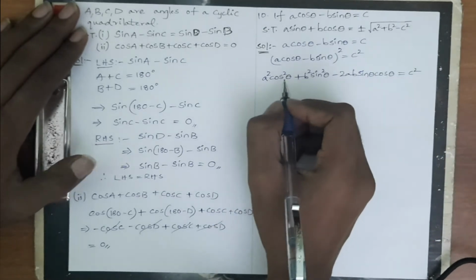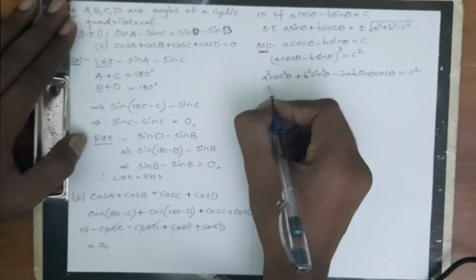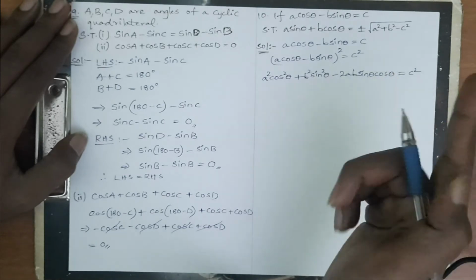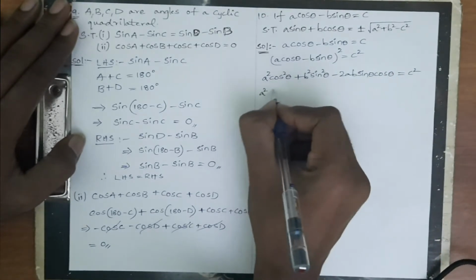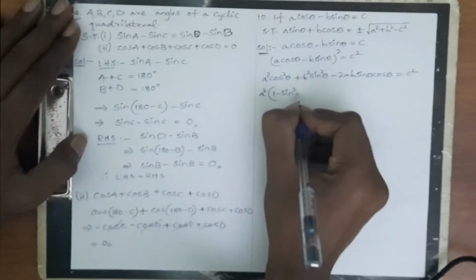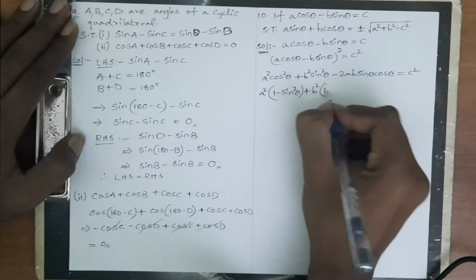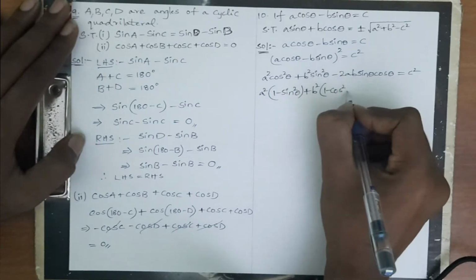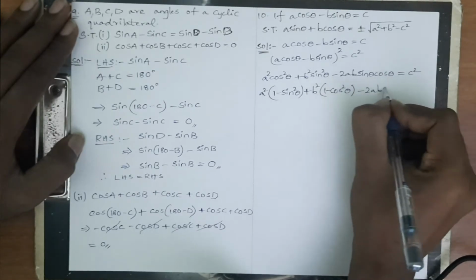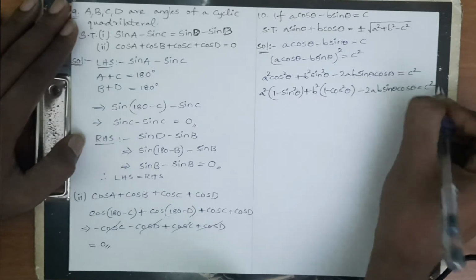So if you remember, I've shown you one important result during the first lecture, that is sine square theta plus cos square theta equals 1. So we can write this cos square theta as 1 minus sine square theta, and this sine square theta as 1 minus cos square theta. So minus 2AB sine theta cos theta, that equals C square.